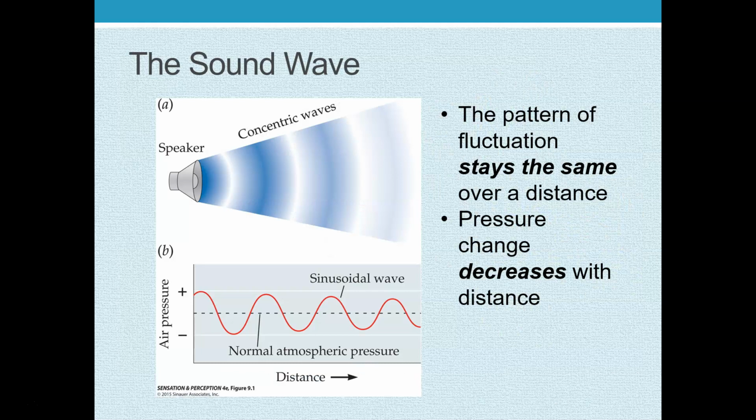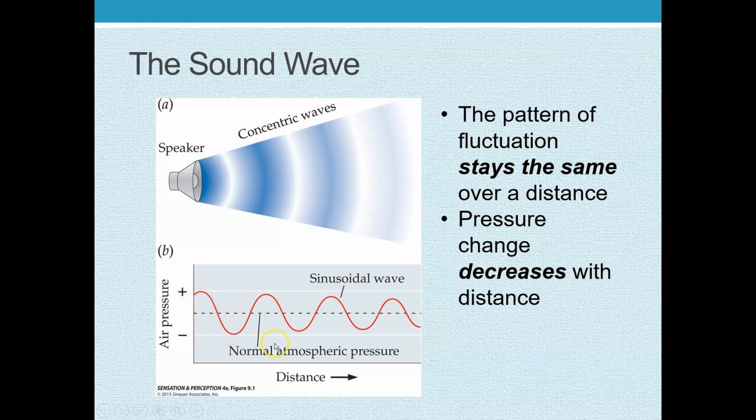So the sound wave, generally speaking, the pattern of fluctuation is going to stay the same over a distance. What this means is that this little sinusoidal pattern always stays the same. This sinusoidal wave helps you understand the frequency of the sound.